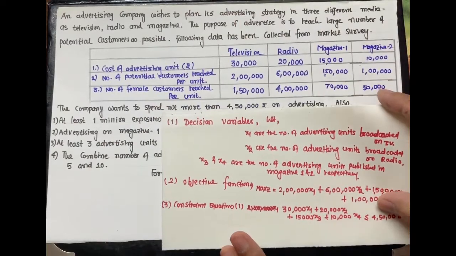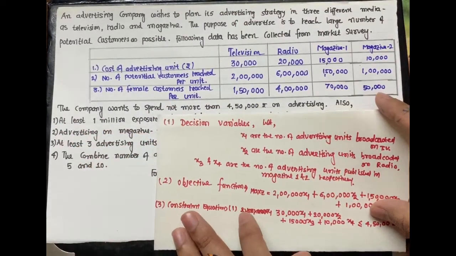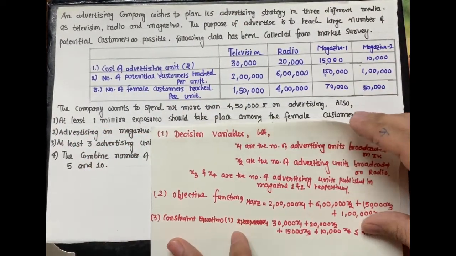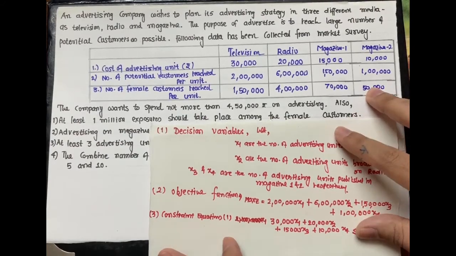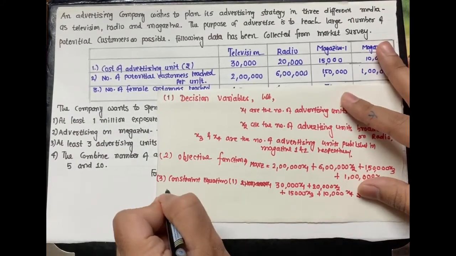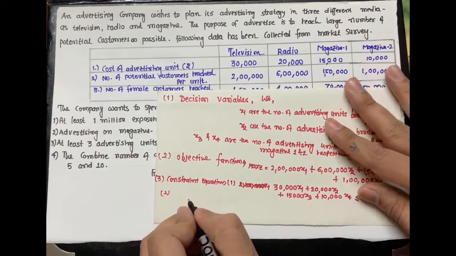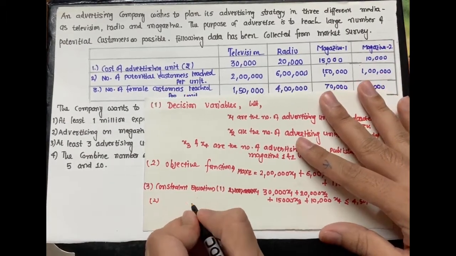Okay, moving further. Next constraint: at least 1 million exposures should take place among the female customers. So for that the second constraint equation should be written this way.